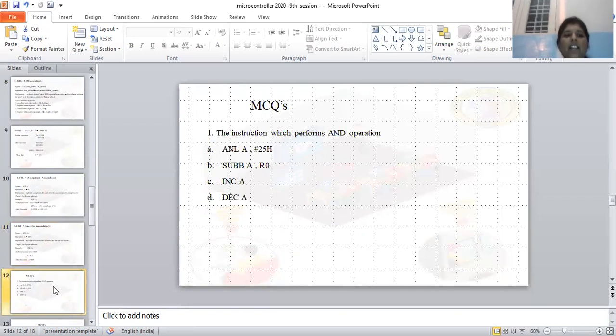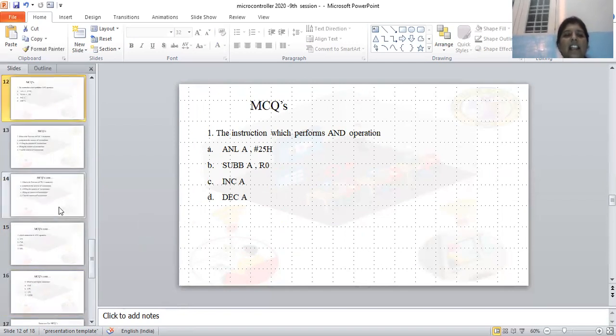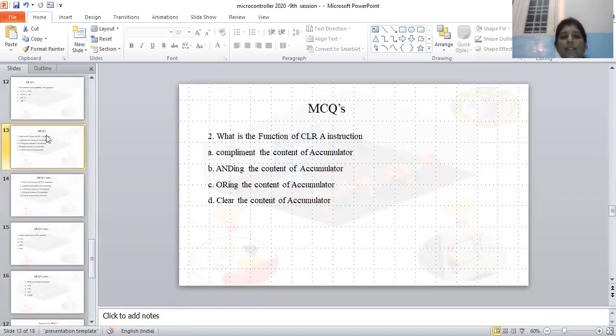Then we'll go for multiple choice questions. Consider the first question: the instruction which performs the AND operation? ANL A, #25H; SUBB A, R0; ANC A; DEC A. The answer is ANL A, #25H.